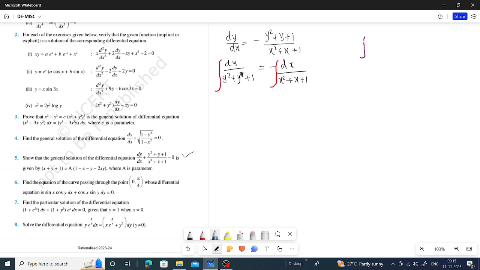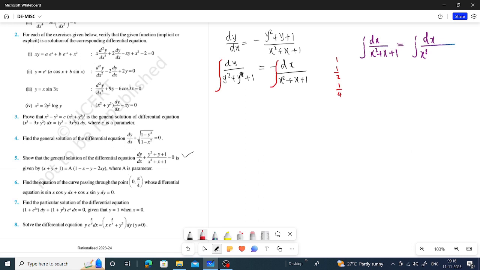So how do we integrate dx by x square plus x plus 1? See, you have to complete it as a square. Dx by x square. For completion of square, what we adopt is the middle term we take. The coefficient of middle term is 1, and its half is 1 by 2, and its square is 1 by 4.